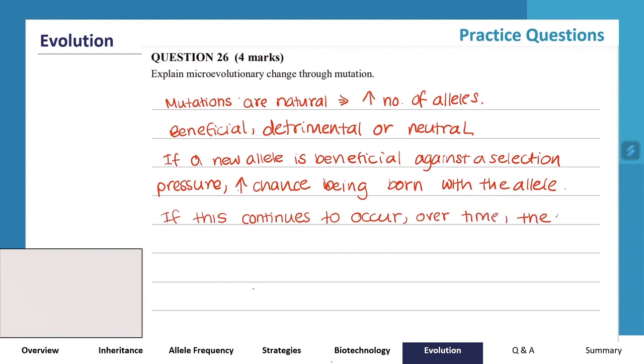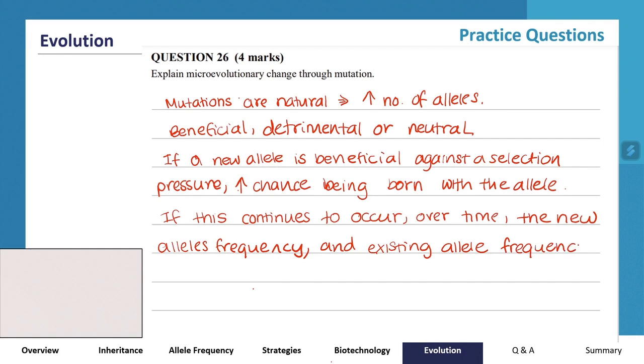The new allele's frequency will increase, and existing allele frequencies will decrease, causing microevolutionary change.